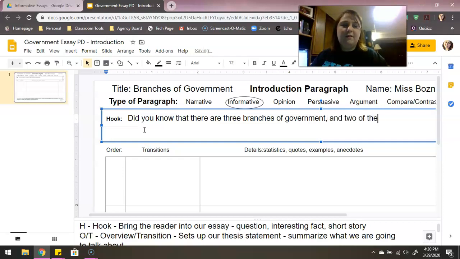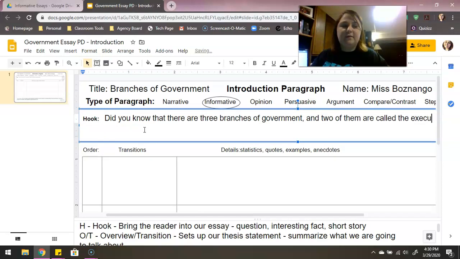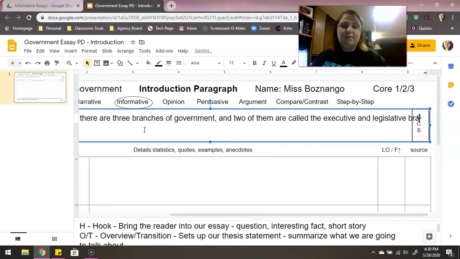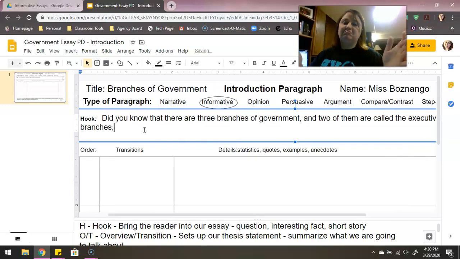And 2 of them are called the executive and legislative branches? Oh, I got my question mark. Did you know that there are 3 branches of government and 2 of them are called the executive and legislative branches? All right, that's not too bad.